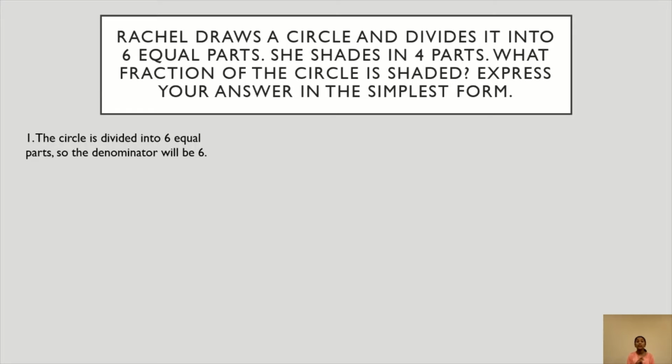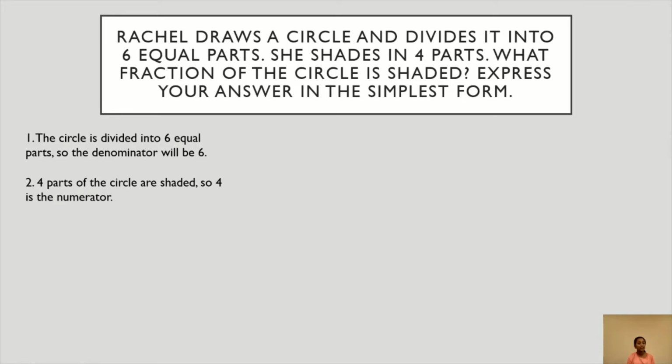It is split into 6 equal parts, so 6 would be the denominator. And that is what we've done so far. And if you want to combine them into a whole fraction, then what will it be? The numerator goes on the top and the denominator goes on the bottom. So that means it would be 4 line 6.